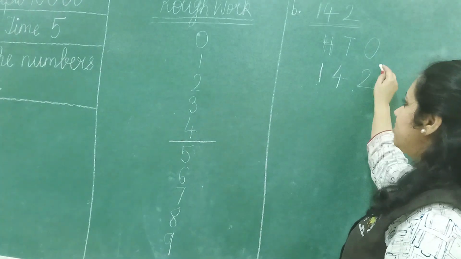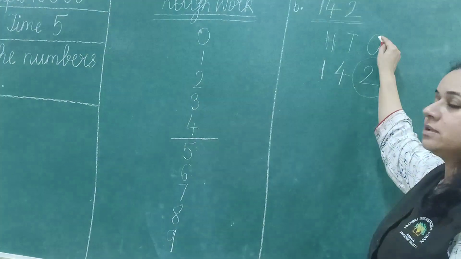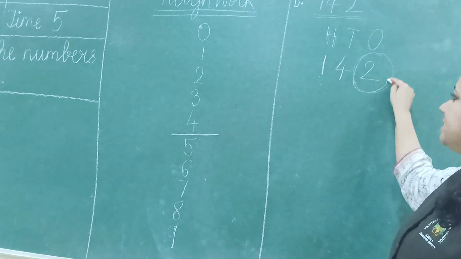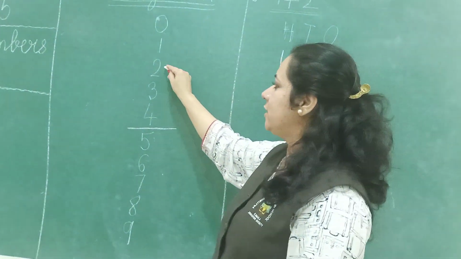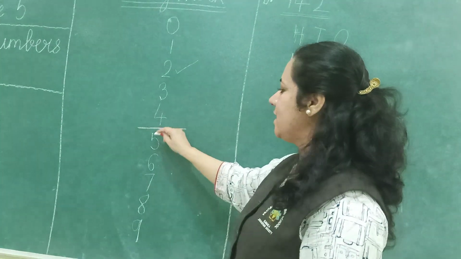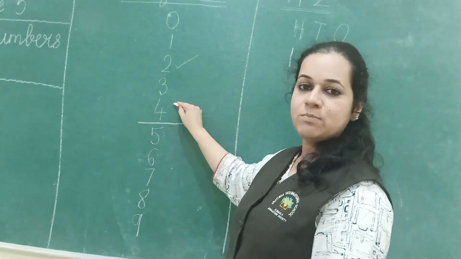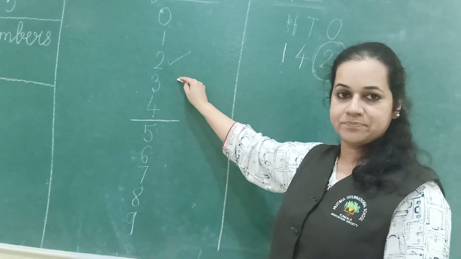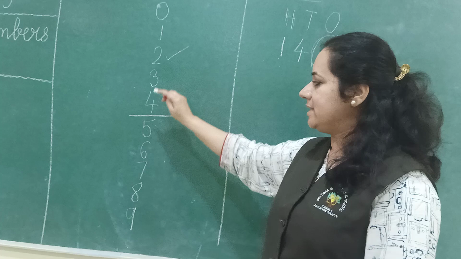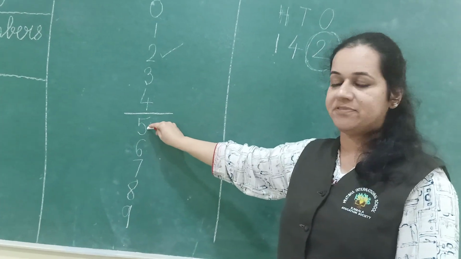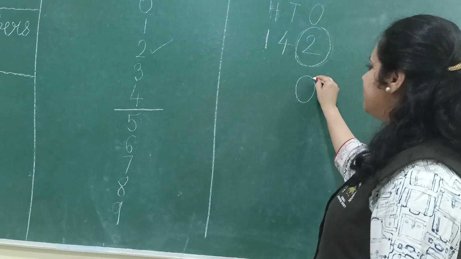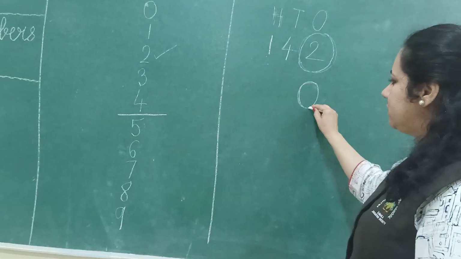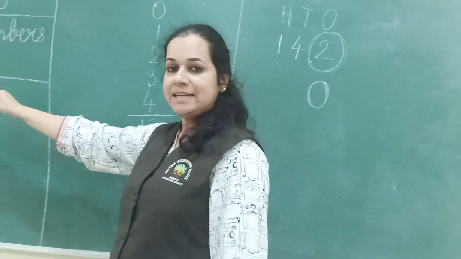So what will we do? We will see the number which is coming under ones. The number is 2, which is smaller than 5. So we will write 0 here because we are converting to tens.